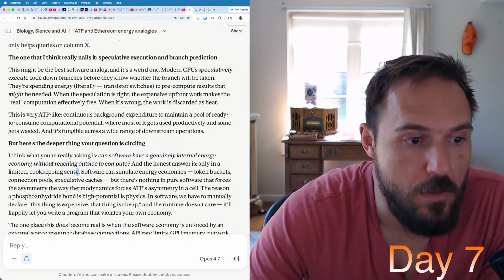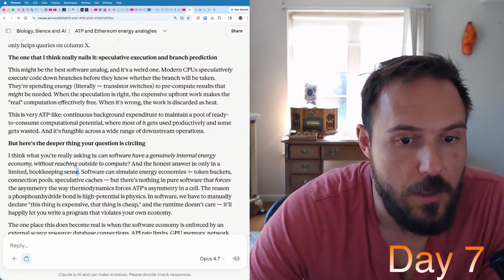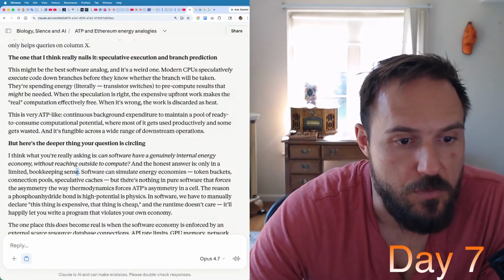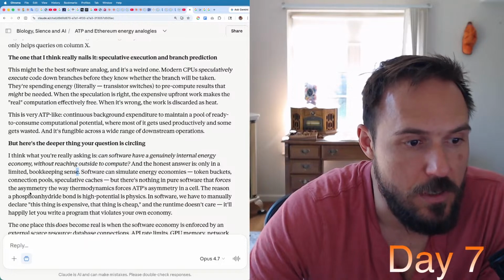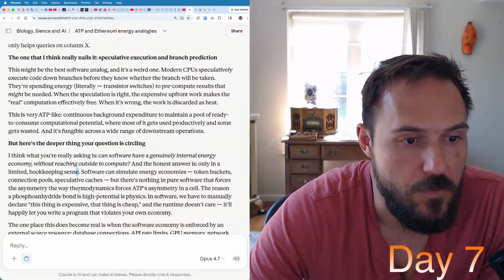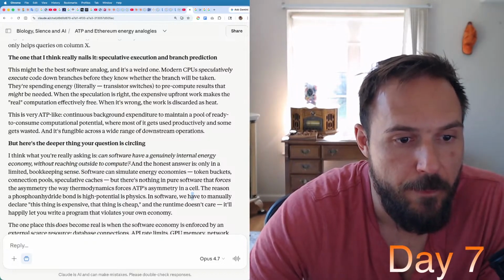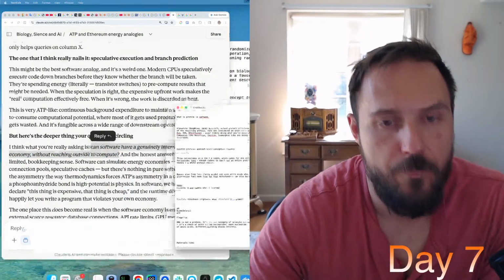And the answer: only in a limited bookkeeping sense. Software can simulate energy economies, token buckets, connection pools, especially caches, but there is nothing in pure software that forces the asymmetry the way thermodynamics forces ATP asymmetry in a cell. I like this.